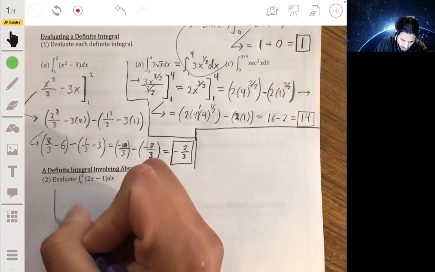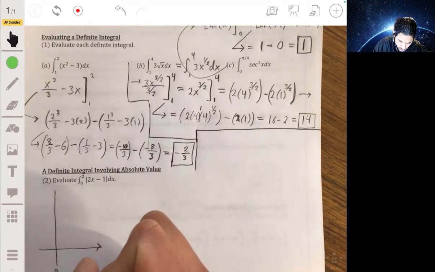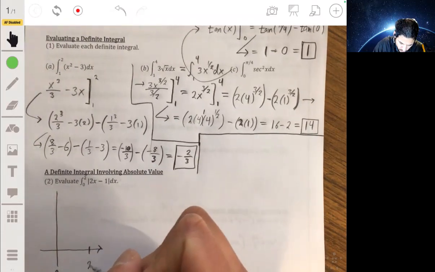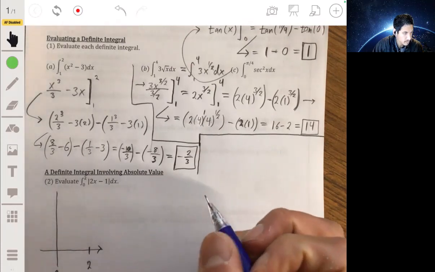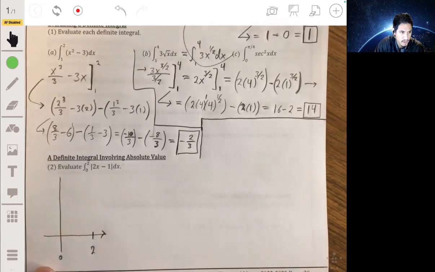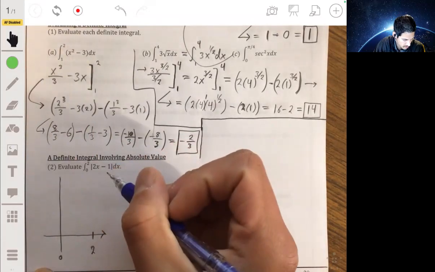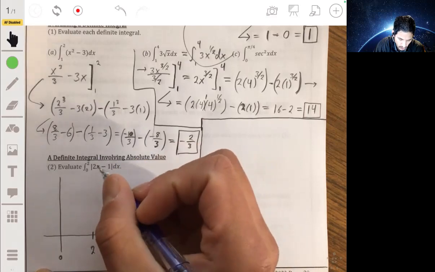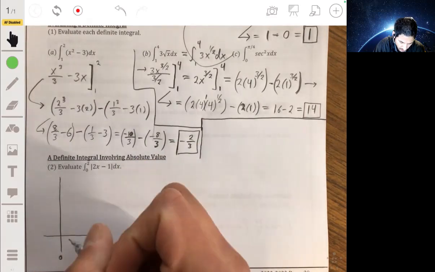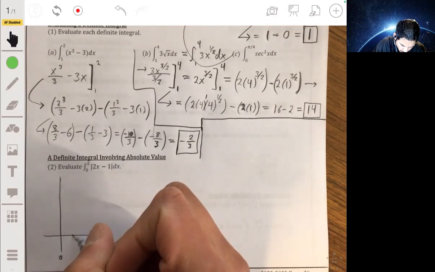So let me just draw a sketch of what we got going on. So we're going from 0 to 2. Now, the absolute value of 2x minus 1, remember, will be a V shape, where the graph will equal 0 when x is 1/2.